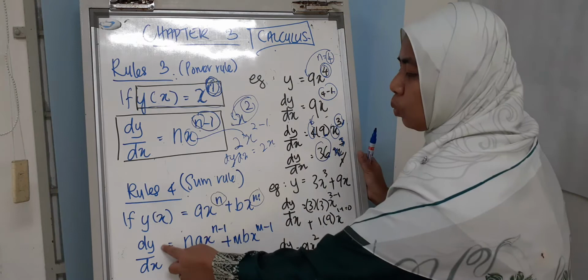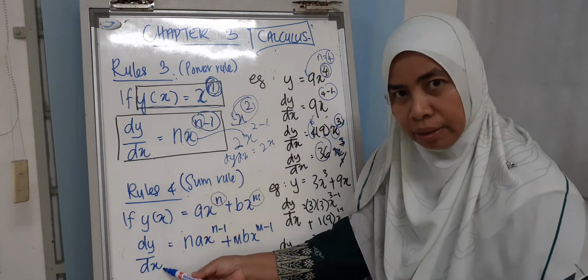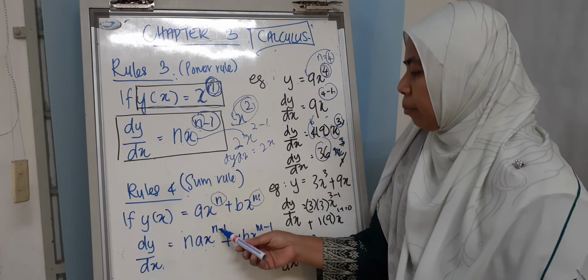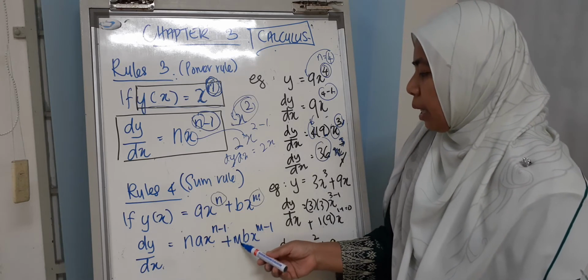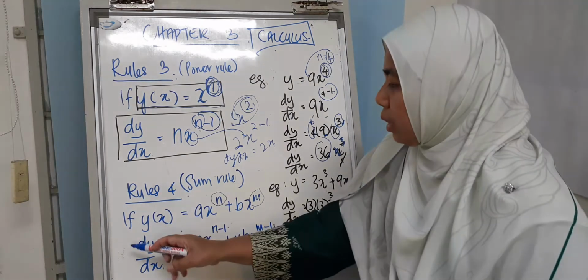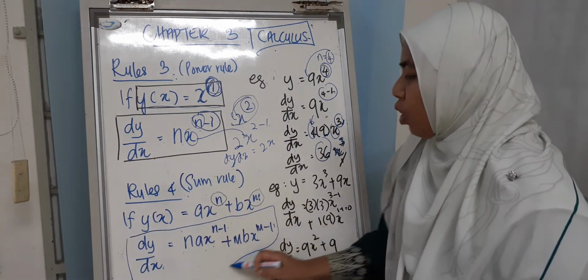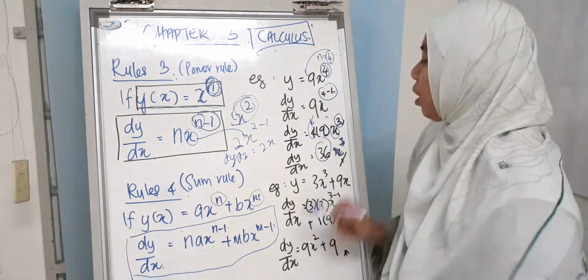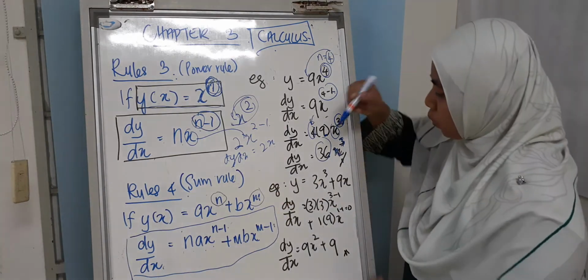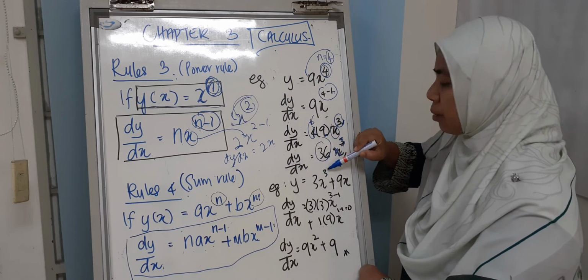So how to make the differentiation? dy per dx equals n ax to the power of n minus 1 plus m bx to the power of m minus 1, right? So this is the formula for differentiation.